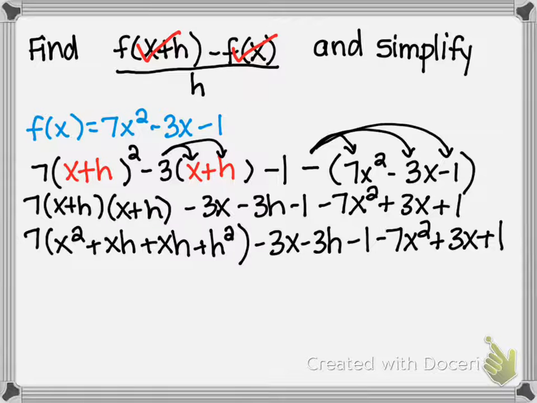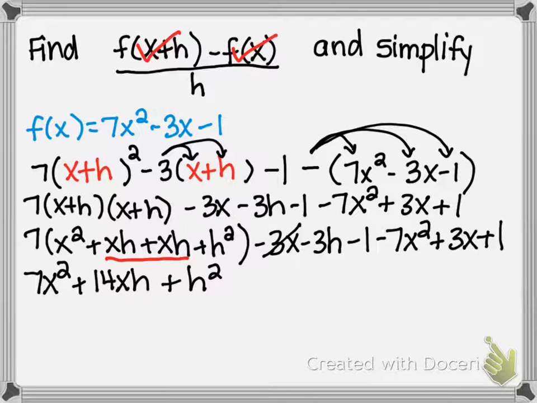Alright, so we have a lot of simplifying to do here. So I have 7x squared, so I'm going to distribute. Now, in this piece, I have 2xh. So 7 times 2xh is going to give me 14xh plus h squared. And I have 3x and negative 3x. I have a negative 1 and a positive 1.